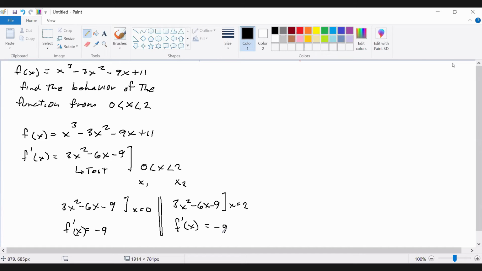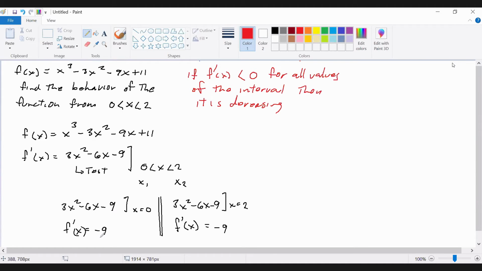So I interpret it this way: if f prime of x is less than 0 for all values of the interval, then it is decreasing. Okay, so less than 0.